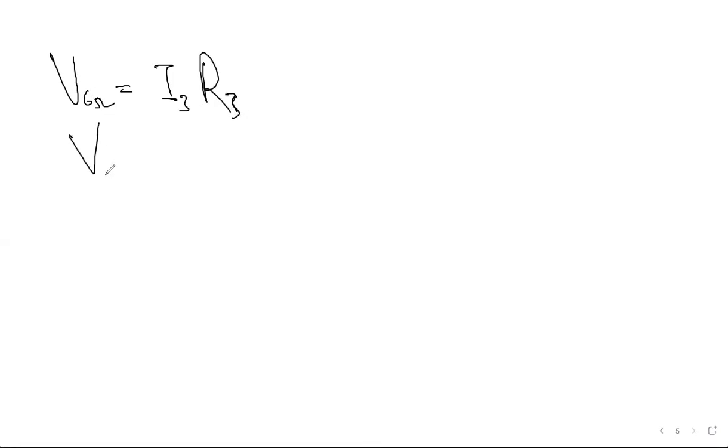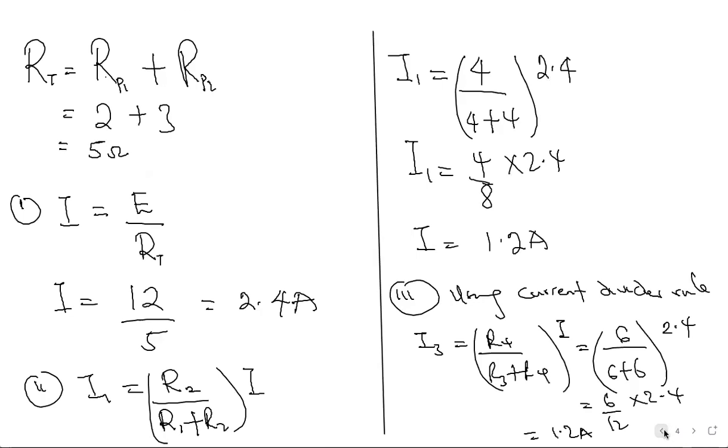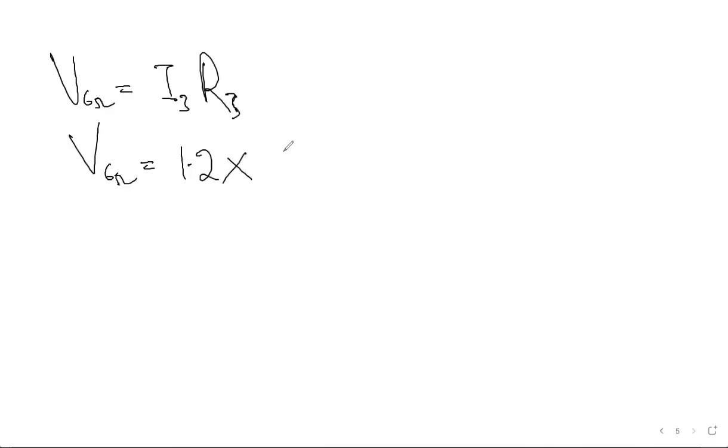So V of the 6 ohm will be 1.2 multiplied by 6, which is 7.2 volts. So that's the voltage across the 6 ohm resistor.